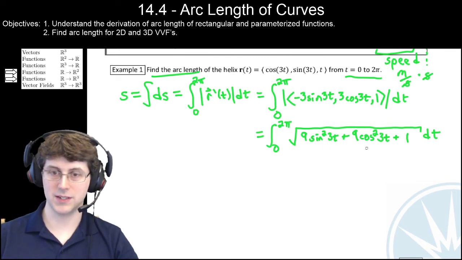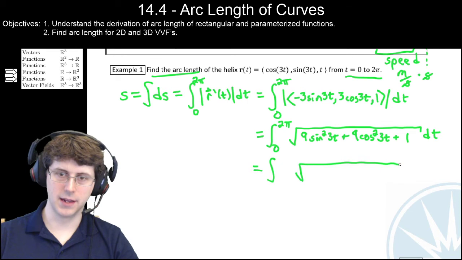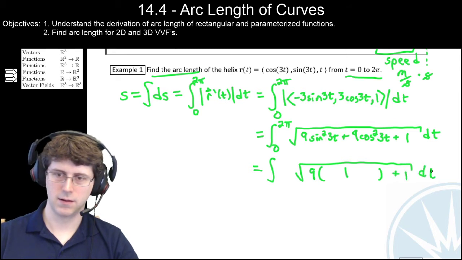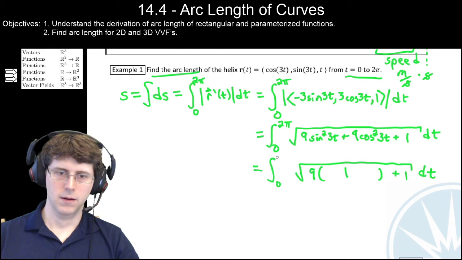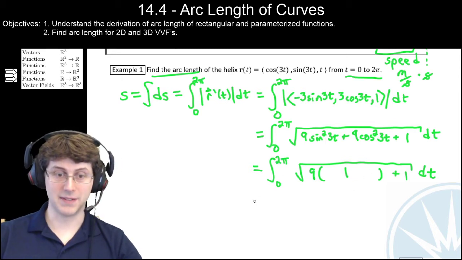Anyway, sine squared 3t plus cosine squared 3t is 1. So when I factor out the 9, I get 9 times 1. So in total, I'm integrating the square root of 10.